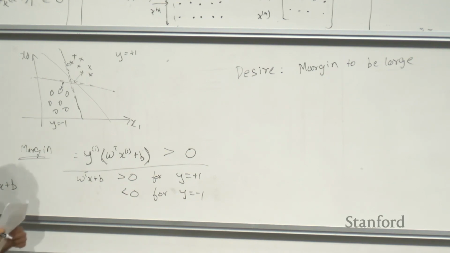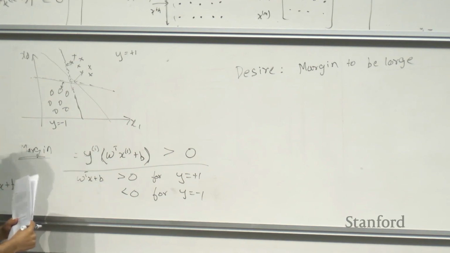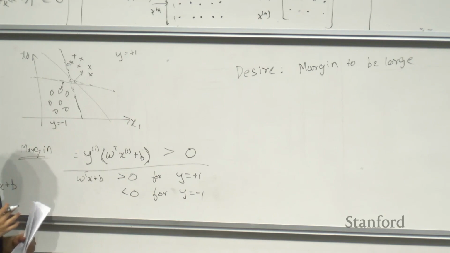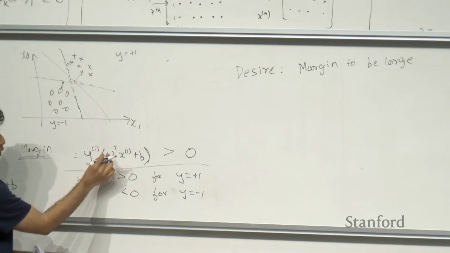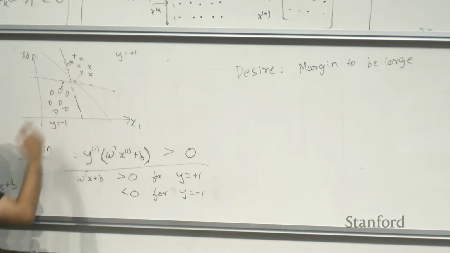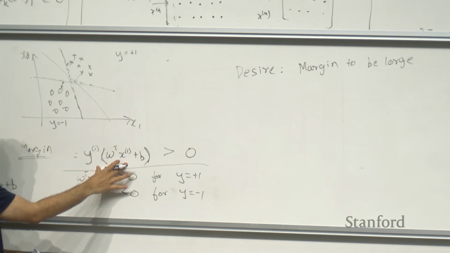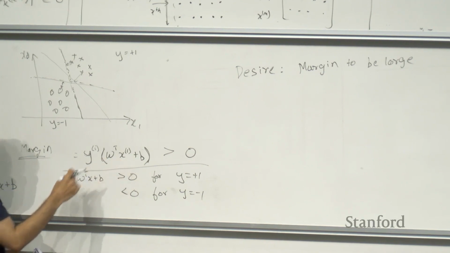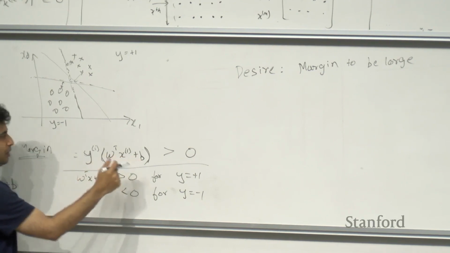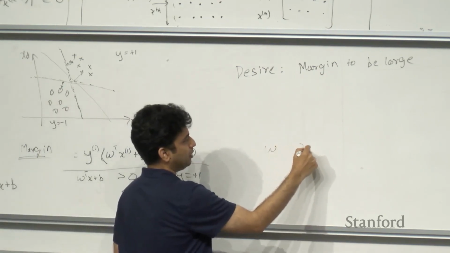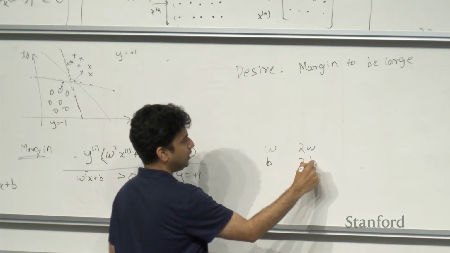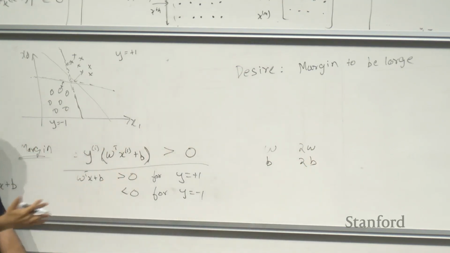Now, the one thing that you can observe is that if we are able to find some hyperplane for which we can correctly classify all the examples, if we find one such W and B that correctly classifies all the examples, then with this definition of a margin, we can kind of fool the system by choosing scaled versions of W and B. So for example, in place of W, if we have 2W, and in place of B, we have 2B, then the margin by this definition effectively doubles.